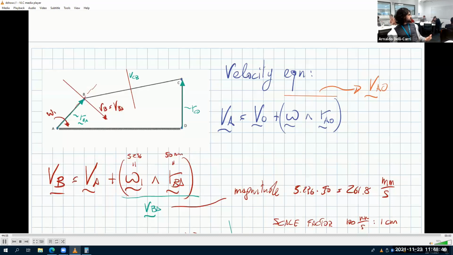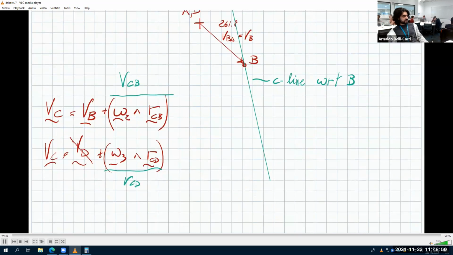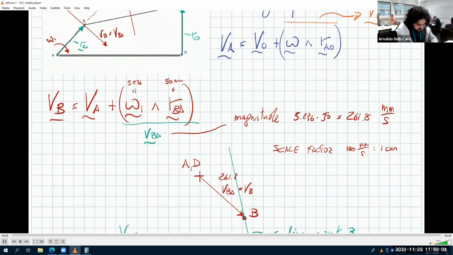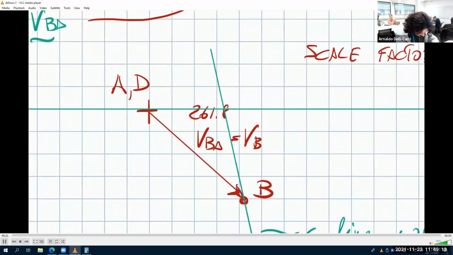So this VCD is perpendicular to omega 3, that means it's in plane, and it's perpendicular to RCD, it means it's horizontal. Agreed? And so that means that it is a horizontal line that passes through AD, passes through this point. And of course, I've chosen very, very wrong everything else.